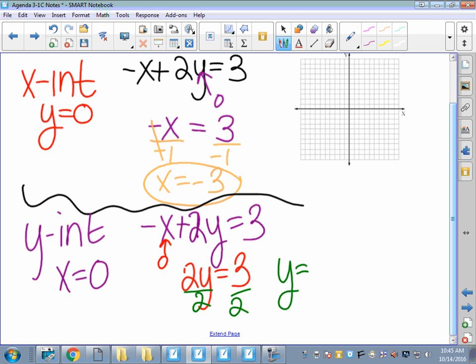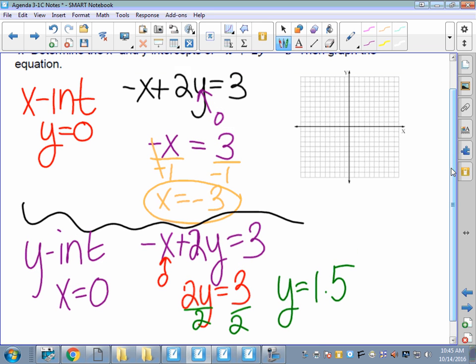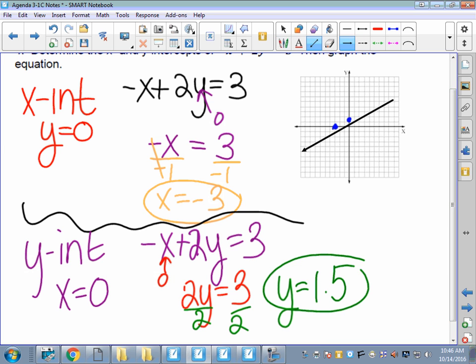And I got y equals 1.5 or 3/2, whatever that might be. So now let's get those guys on the graph. So x-intercept is -3, so I'm going to the x-axis at -3. Y-intercept is 1.5, so I'm going to go up 1 and another half on the y-axis. Connect those dots. Whoa, I'm a little off on that one. And put arrows on both ends.